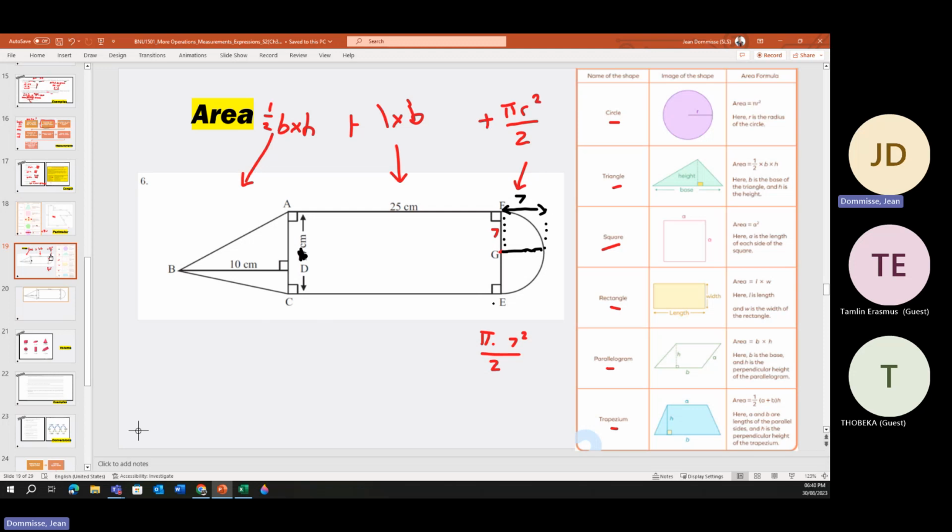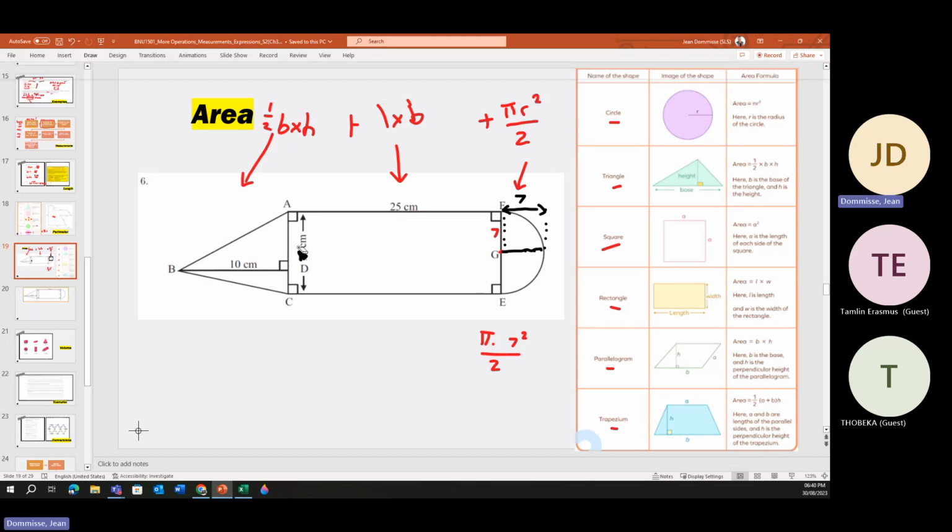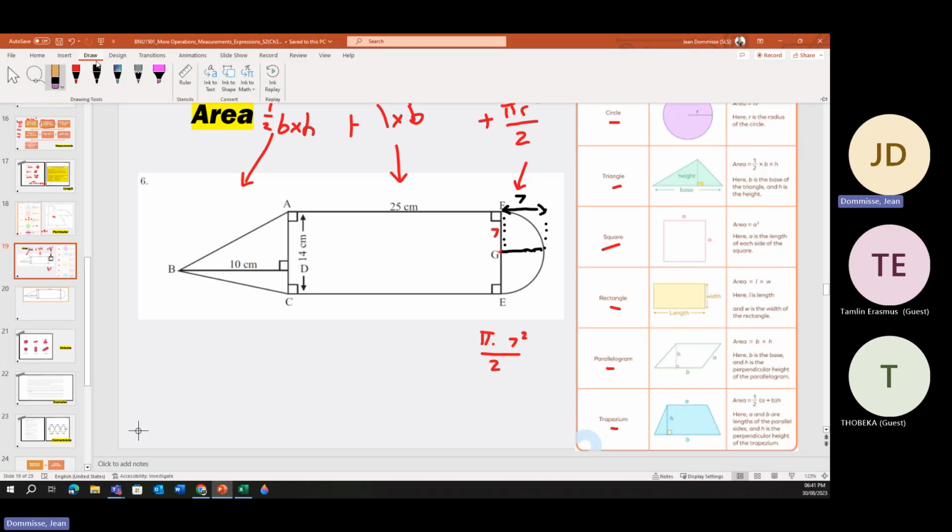So they could have not given you that 14 and just indicated there, so that you nearly need to remember, okay, but that is radius, so that is radius, so that I can get the total length of that line.